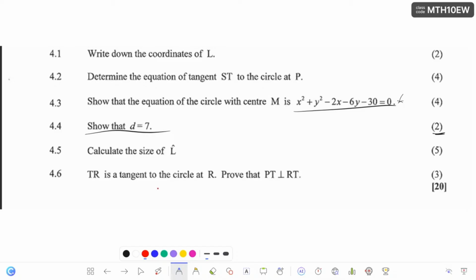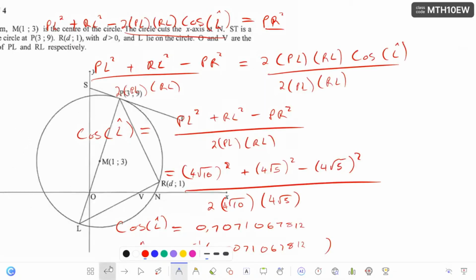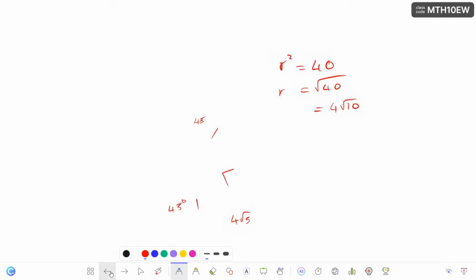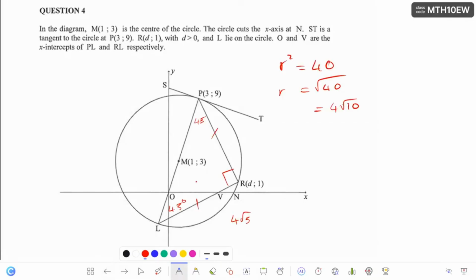So they are saying we have RT, which is a tangent at R. So we have another line here. Let's draw another line that is perpendicular.